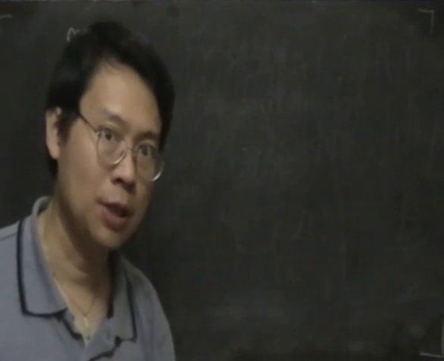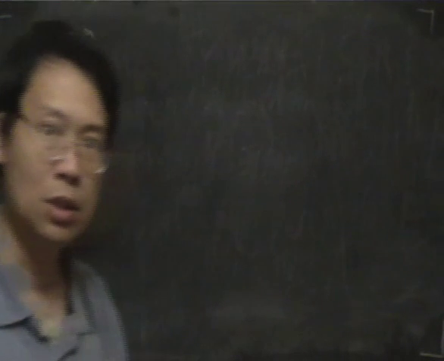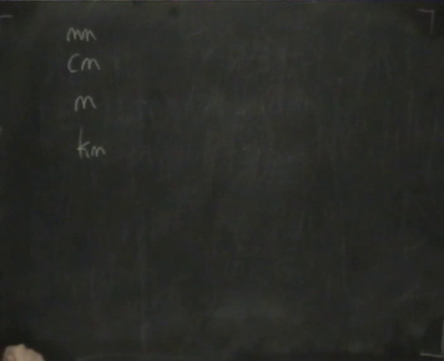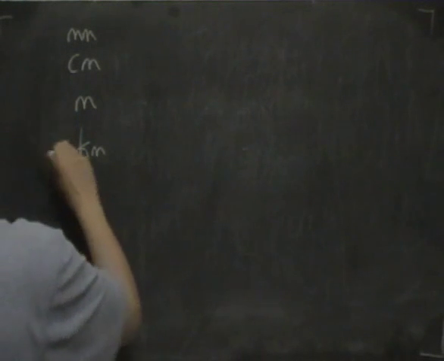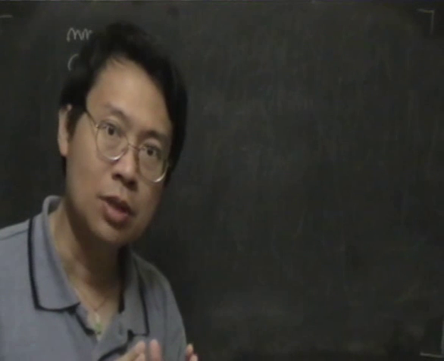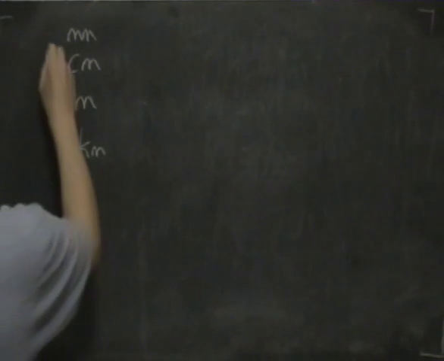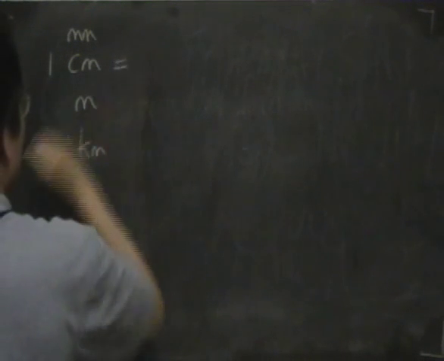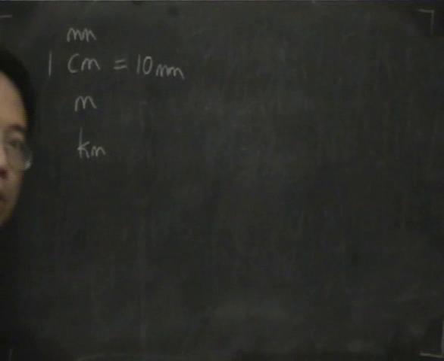If you look at your ruler, the smallest interval is usually 1 millimeter. So, and 10 millimeters gives you 1 centimeter. So let me write that down. 1 centimeter will give 10 millimeters.